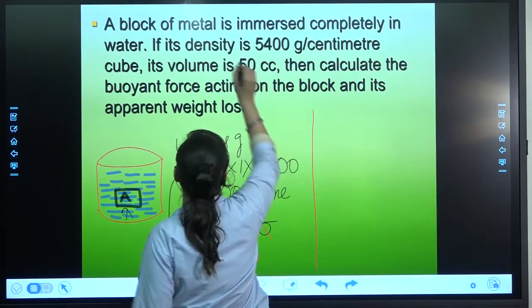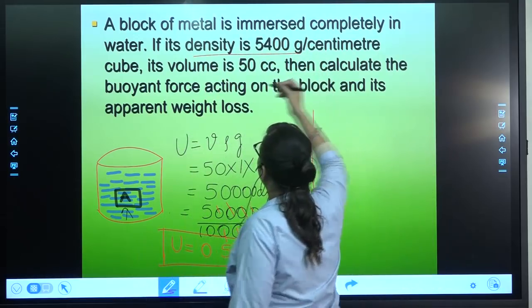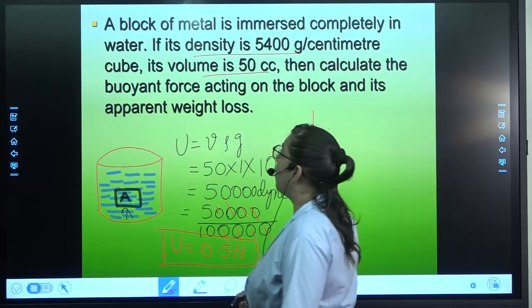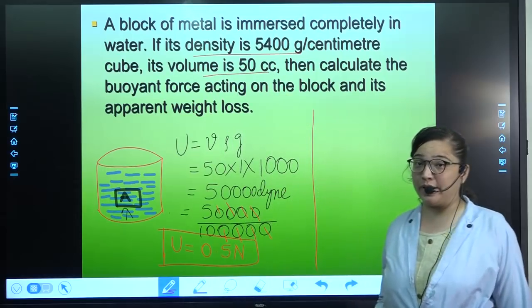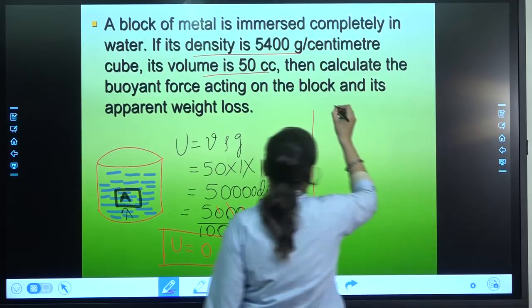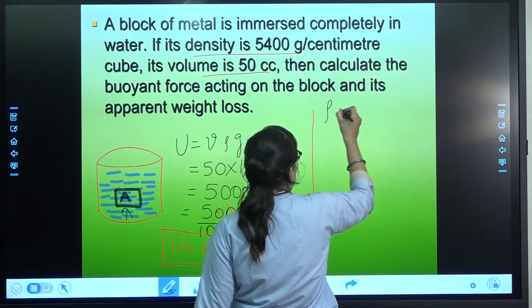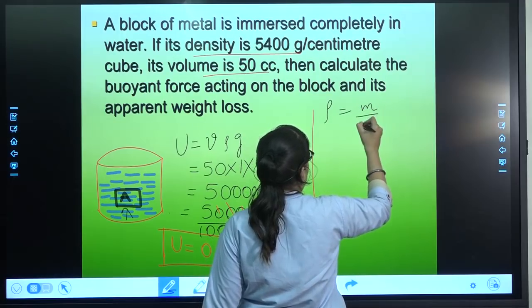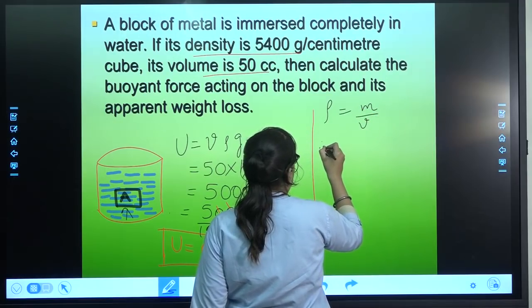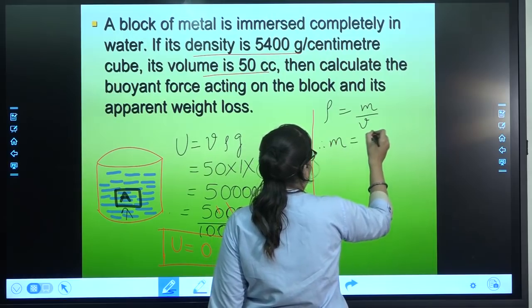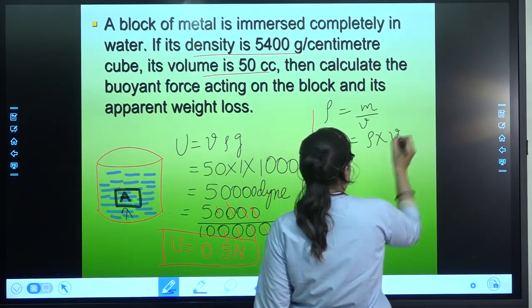We have been given the density and its volume. We know that density is equal to mass upon volume. Therefore, mass will be equal to density into volume.